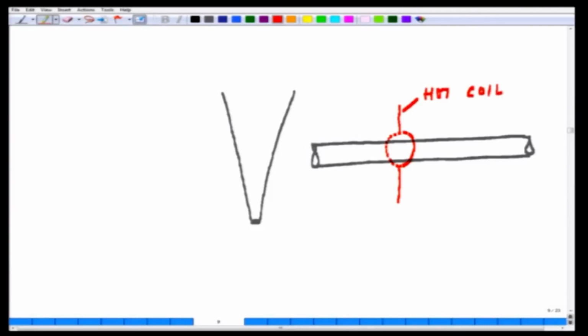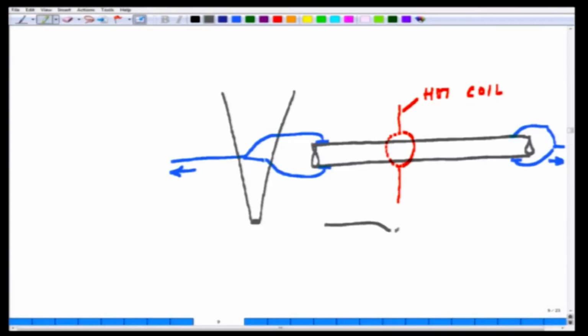On these two sides you have two clamps, for example, by which you can pull this in either direction. Now, what will happen when you expose it to a very high temperature is that it will start to melt like this.